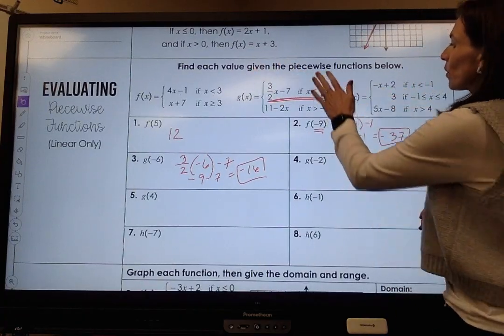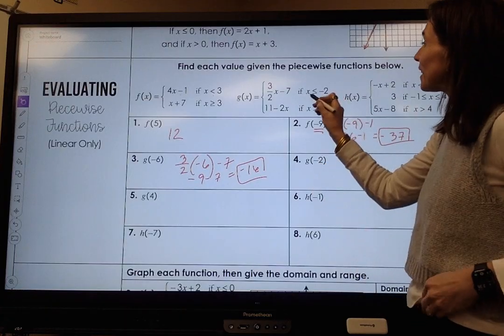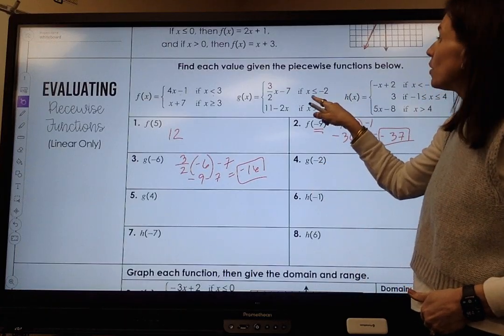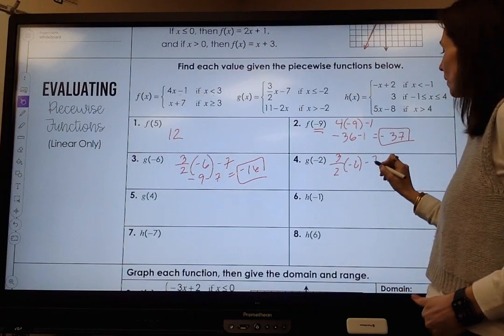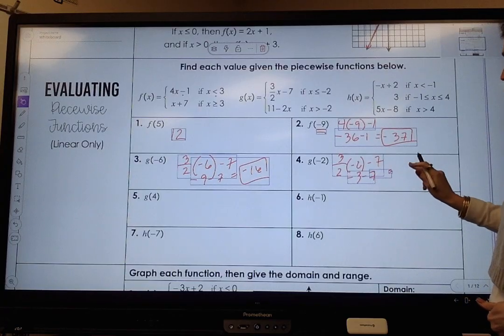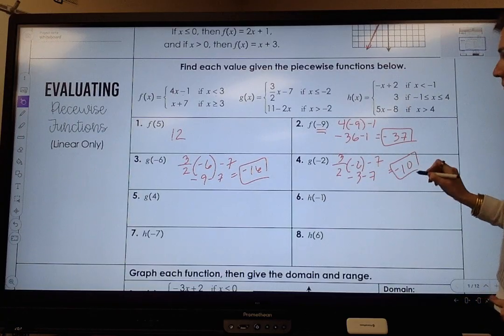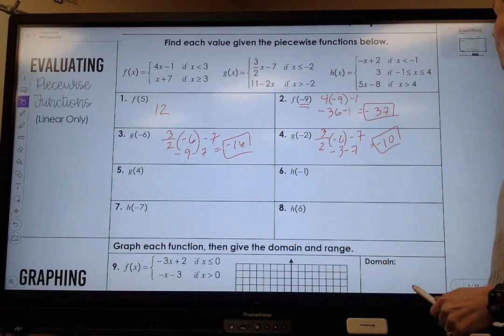Now, on number 4, it says, okay, when your input is negative 2, so I'm still going to use this same one. And I get negative 10 is my answer.